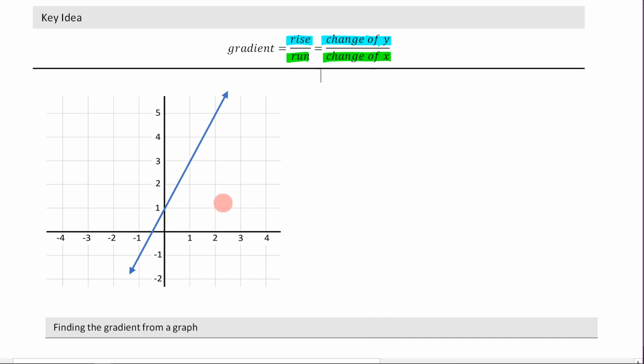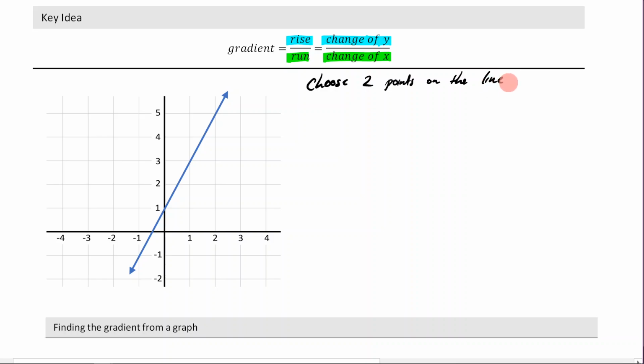But then we're like, well, where exactly do you start from? Rise and run from which points? And it actually doesn't really matter. So choose 2 points on the line.